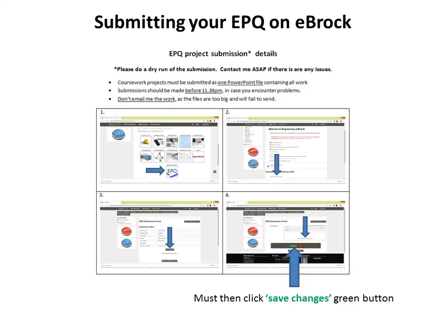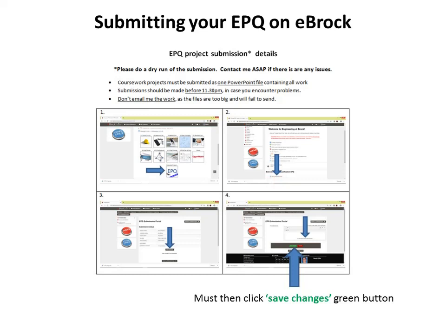What I asked you to do was, number 1, go to eBrock and go to engineering, and then go down to the EPQ new submission portal here and click on it. Then number 2, once in there, go to the bottom where it says submit your assignment.